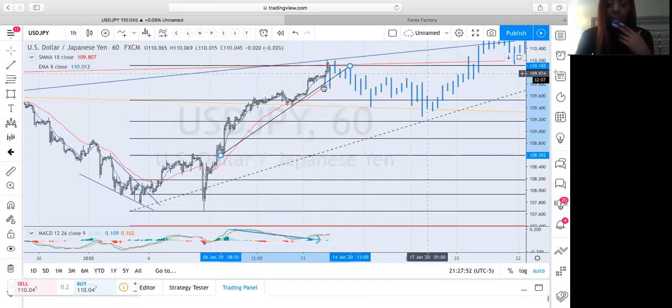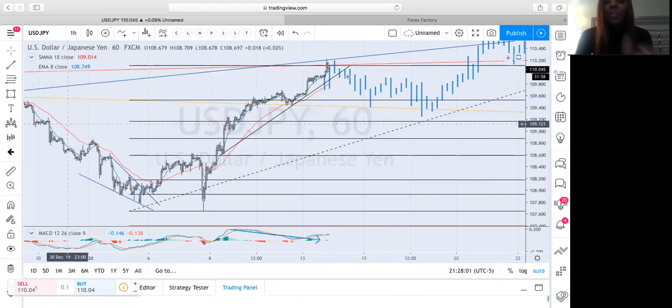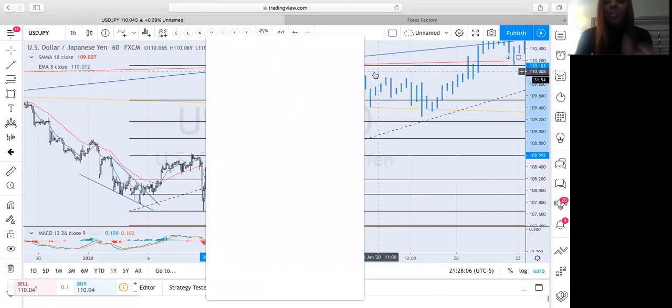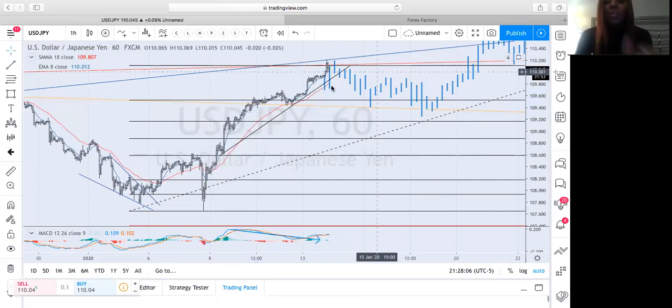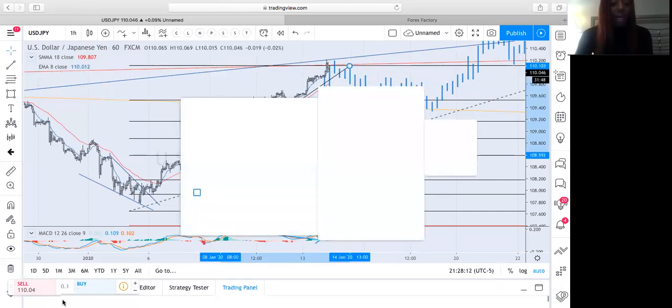And you guys, make sure you set your alerts on, make sure you download TradingView to your phone so that it alerts your phone.